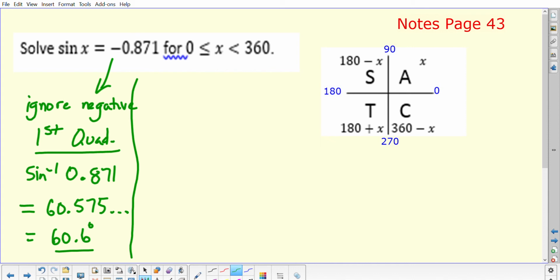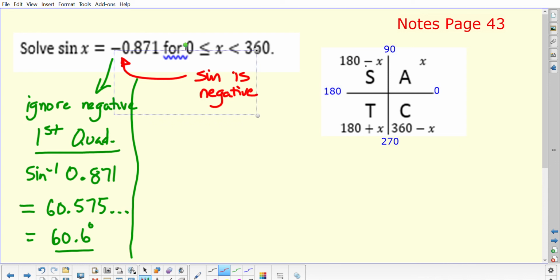However, one of the things I need you to notice here is, as I've already said, the sine is negative. So we're going to look at where that happens. Clearly we're not looking for a solution in the first quadrant because everything is positive in there.